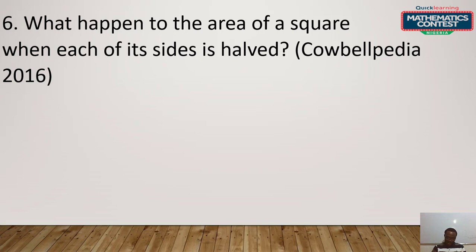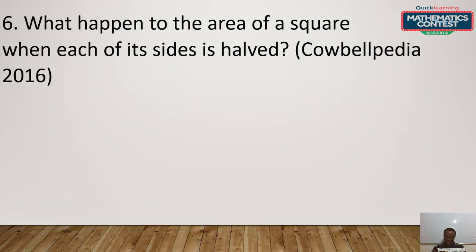Let's assume the side of the square before is 10 centimeters. So the area of this square will be 10 times 10, which is 100. Now when each of its sides is halved, half now is 5, 5, 5, 5 all around. And the area of this square now, when the side is halved, is 5 times 5, which is 25.